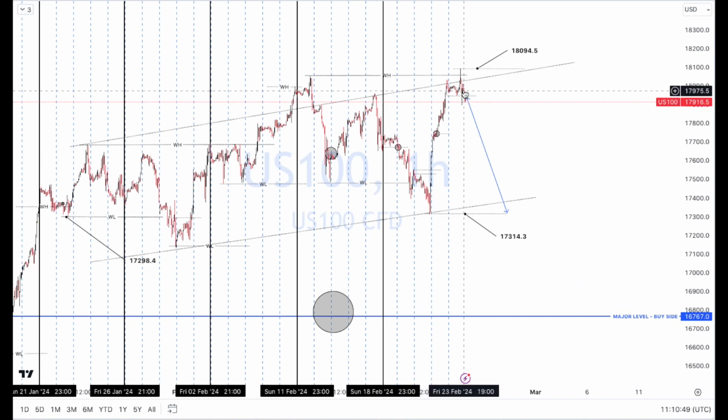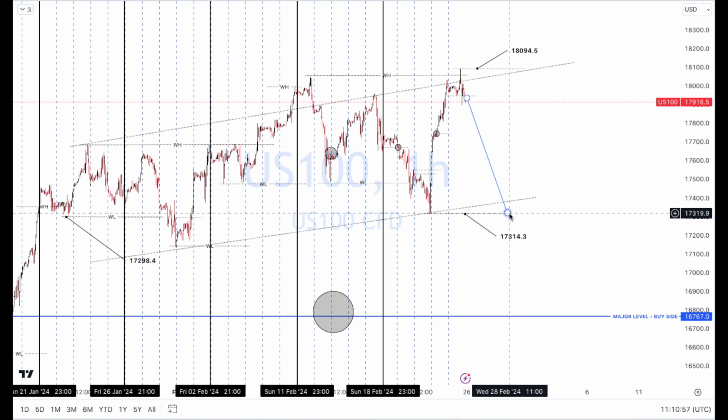So the probability of market going from where it is right now down here is quite high, in my opinion. But we're yet to find out, and we will find that out on week commencing the 26th of February. That's when we're going to figure out if I'm right or wrong.